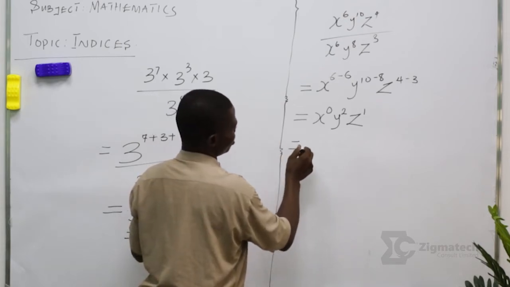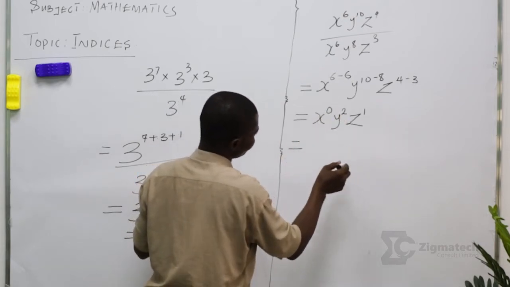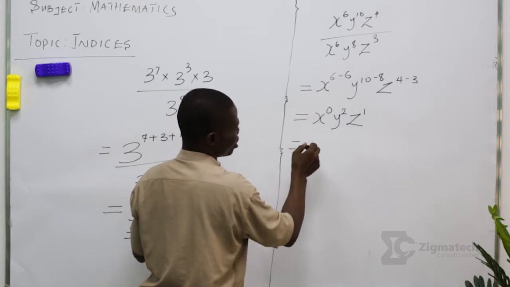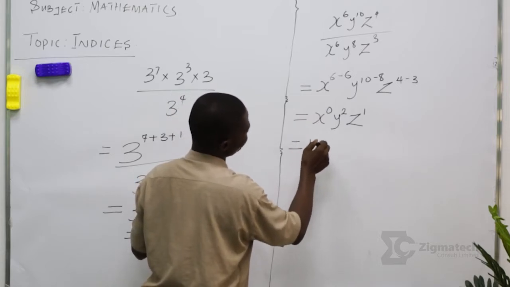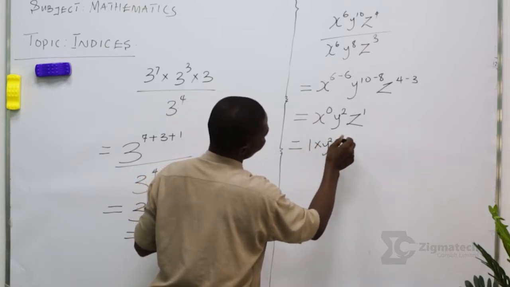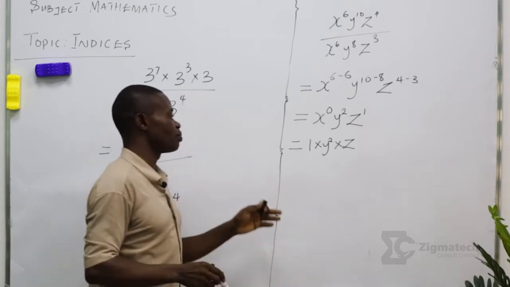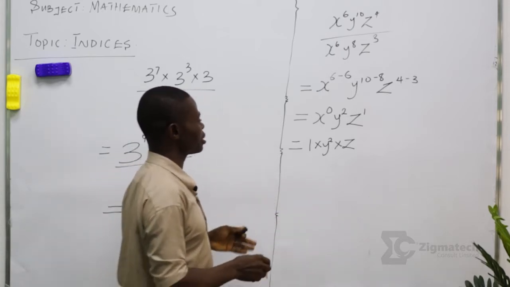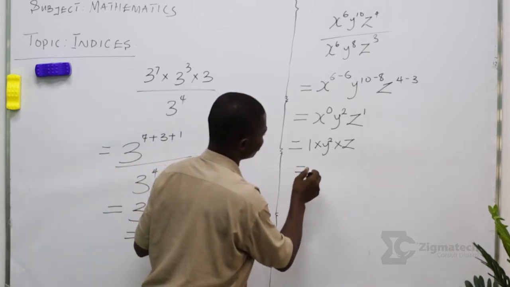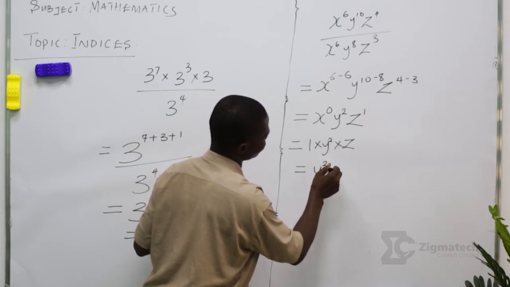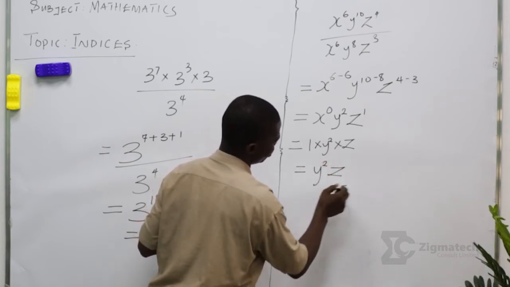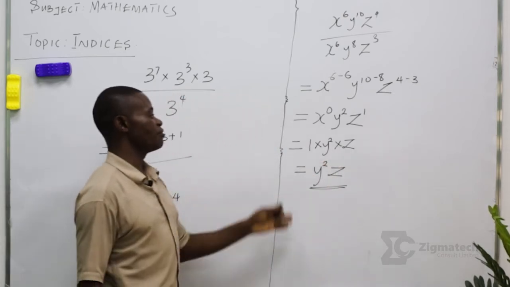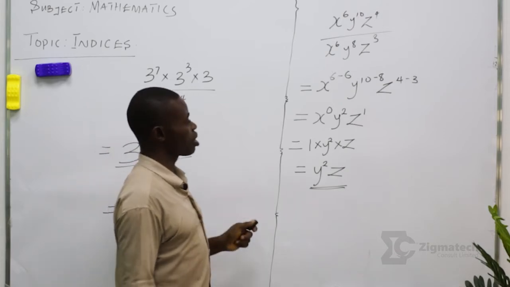Remember, in mathematics, you don't write power 1, and everything raised to the power 0 equals what? 1, multiplied by y squared multiplied by z, because anything raised to the power 1 remains that thing. Which means our answer or solution is what? Y squared z.